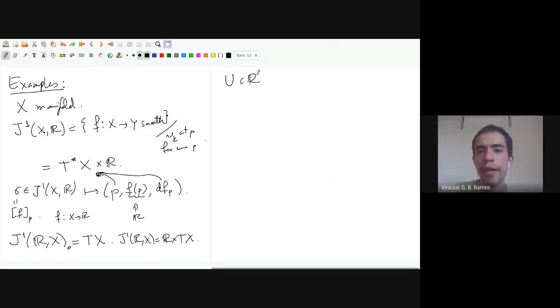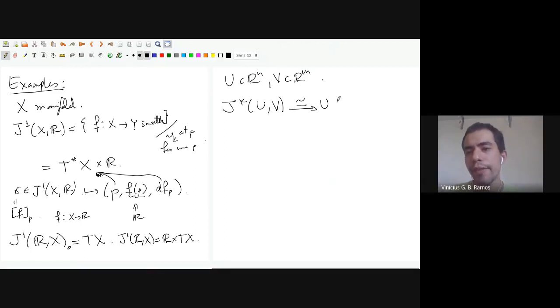Let's assume that we have two open submanifolds, U of R^n and V of R^m, and let's see what is the kth jet bundle of U and V. Okay. Well, I claim that there's a bijection between this and the product of U and V and some space of polynomials that I'm going to call A_k. Well, let's simplify this first, and let's do m equals 1. Okay.